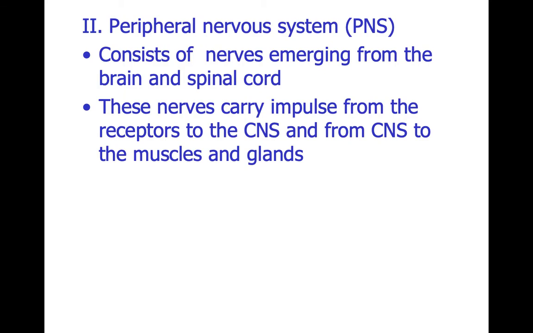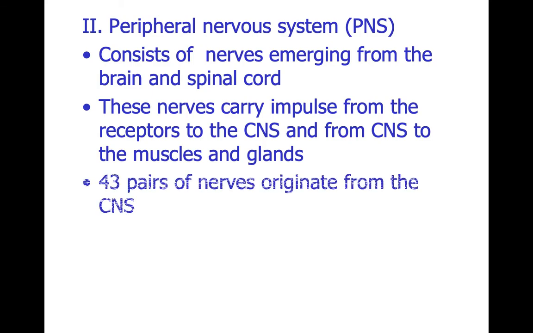At that point, the central nervous system is then going to say, okay, we need to make a change. So a signal is going to be sent out through the peripheral nervous system to a muscle or a gland. There are 43 pairs of nerves that make up the peripheral nervous system. 12 are cranial nerves, and it should come as no surprise that those cranial nerves are going to originate from the brain, which again is part of the central nervous system.